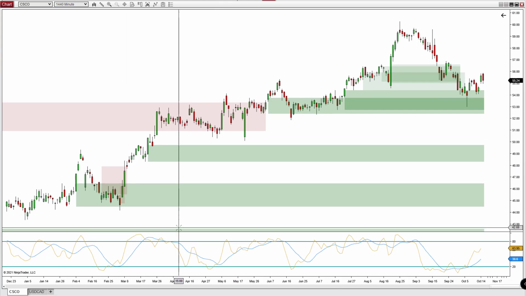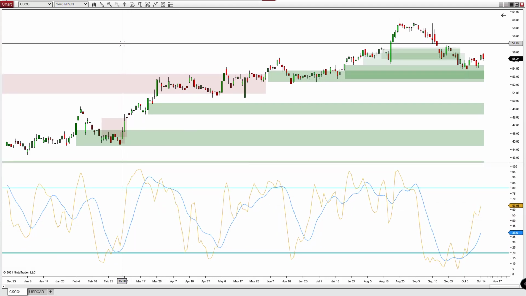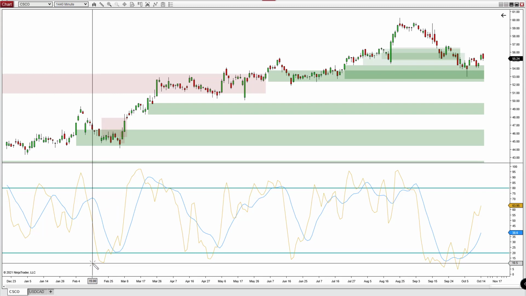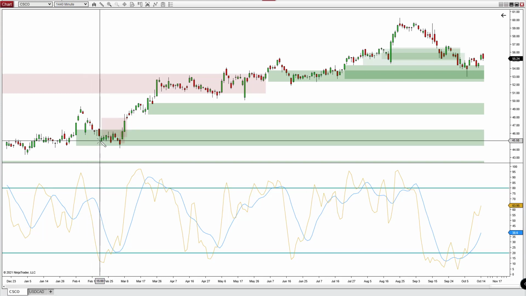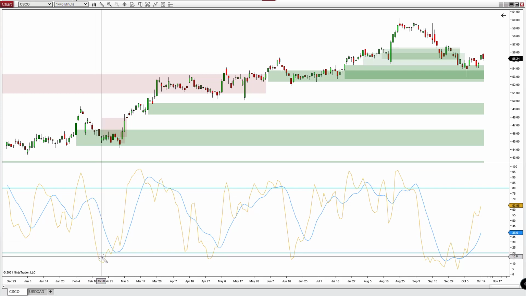So first, let me discuss, for those who are not familiar, what is divergence? Well, in its most simplistic form, divergence is when price is coming lower and stochastics comes down. I personally like to have the stochastic below my extreme, which is this line here.